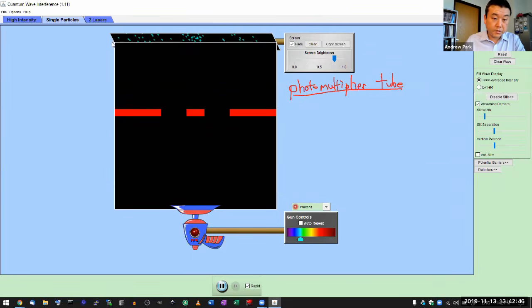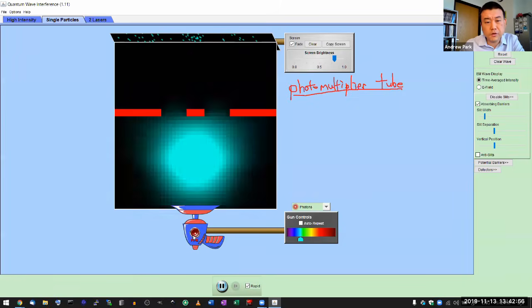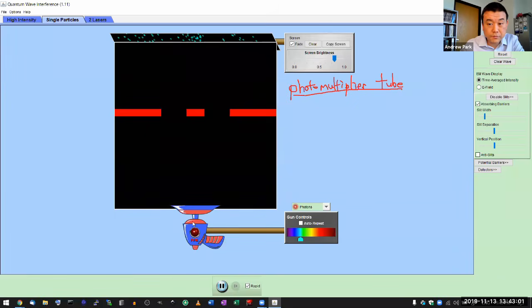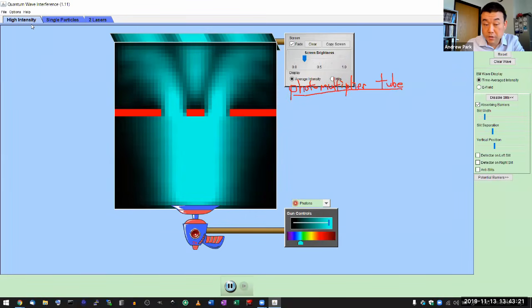When you measure the position here, there is uncertainty. But within that uncertainty, look for a pattern here. Do you see anything unusual, possibly interesting here? I hope you are beginning to notice these dark bands where no photons or very few photons appear to be landing. And when you switch back and forth between high intensity and single particles, I hope you see a correspondence.